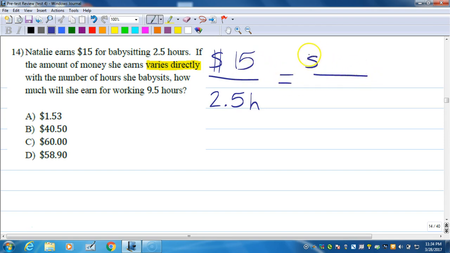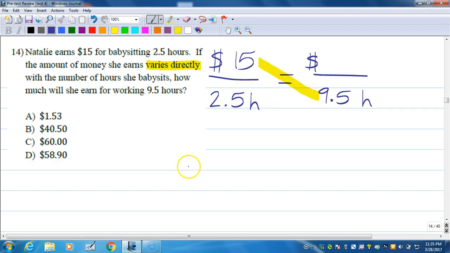I have money on top. See, money and money. I have hours on the bottom. This is 9.5. So 9.5 hours does not go on top, it goes on the bottom. Because 9.5 is hours. Then you cross multiply, just like you learned in middle school. 15 times 9.5.